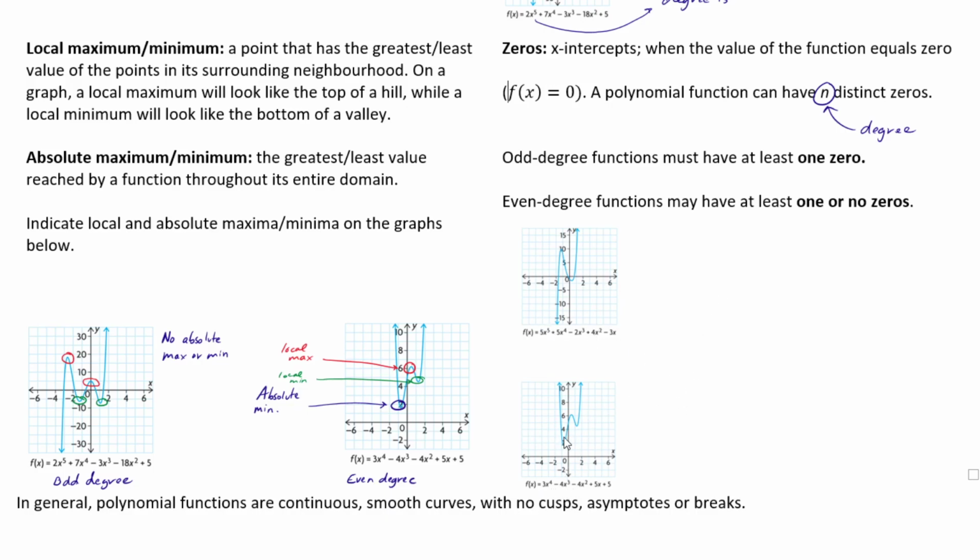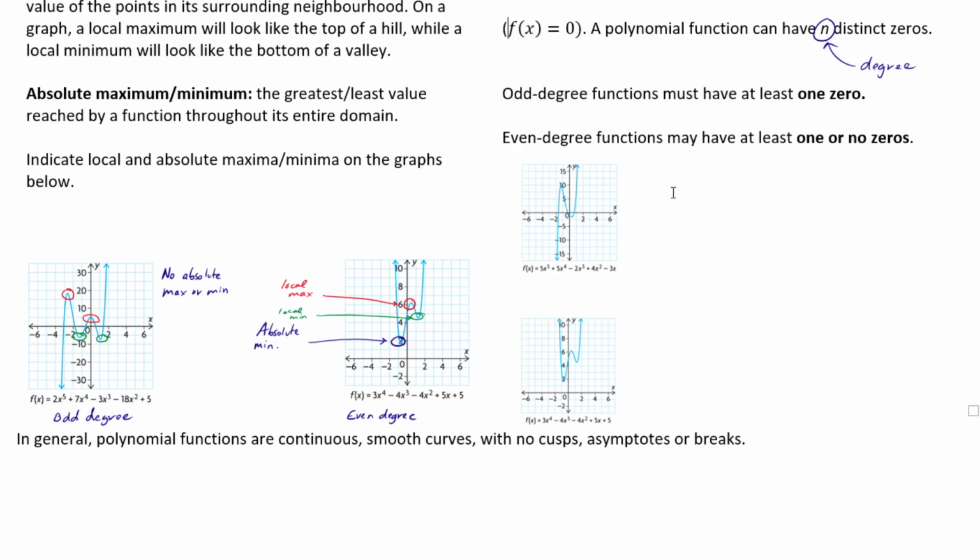If you take a look at the bottom one, however, it is an even degree polynomial. It's a quartic. It has no zeros, and that's because it opens up above the x-axis, so it won't cross the x-axis and therefore has no real zeros. In general, polynomial functions are continuous, smooth curves with no cusps, asymptotes, or breaks.